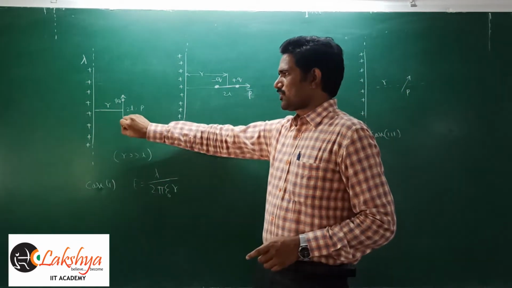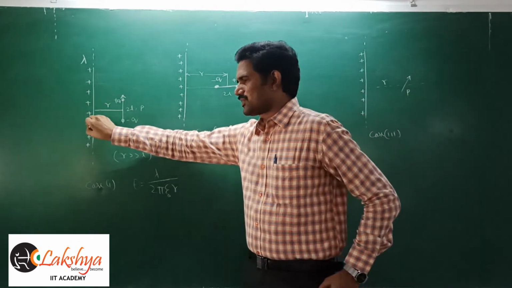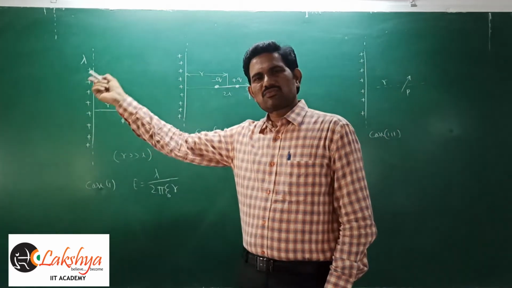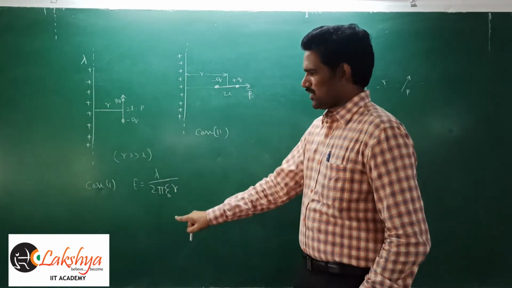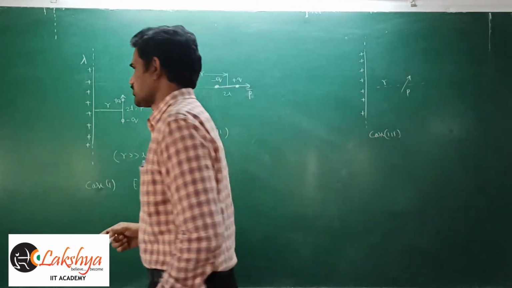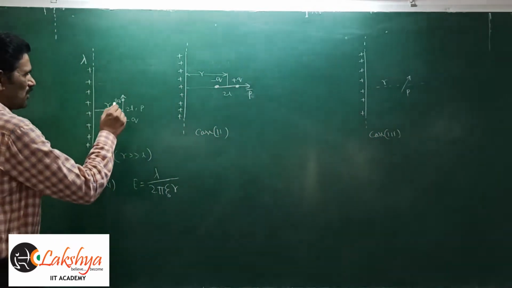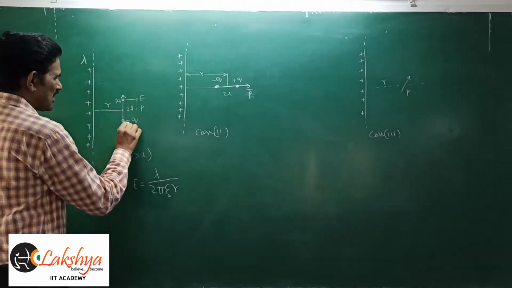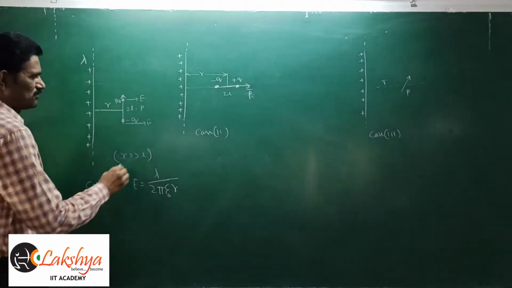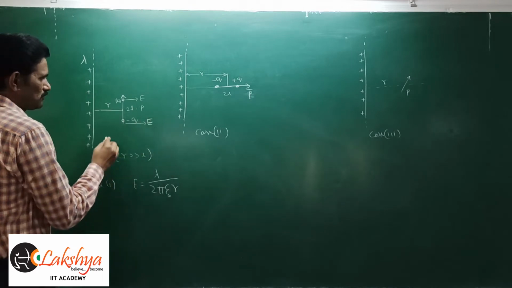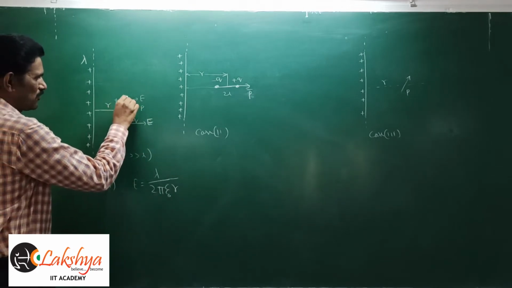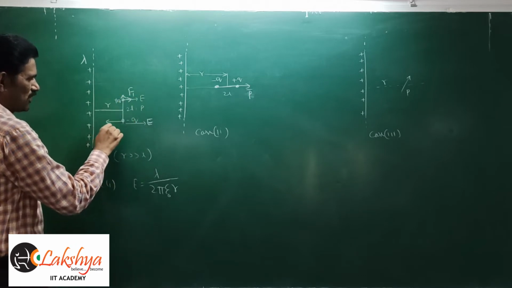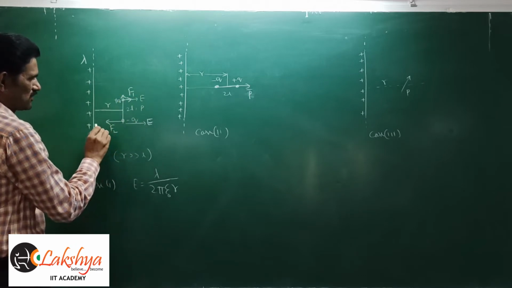Now here you can observe that the distance of this minus q from this line of charge is r and the distance of this plus q from the line of charge is also r. And so the electric field strength acting at the positive and negative charges will be the same. So here also E will be there along this direction and here also the same E will be there along this direction. And so the force acting on the positive charge will be F1, and the force acting on the negative charge will be F2 like this.